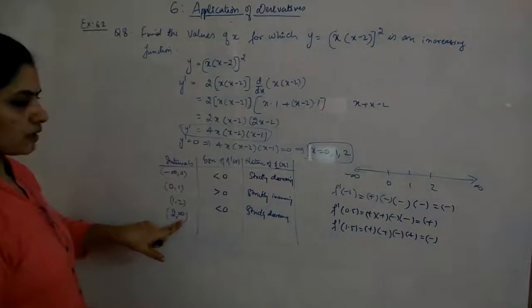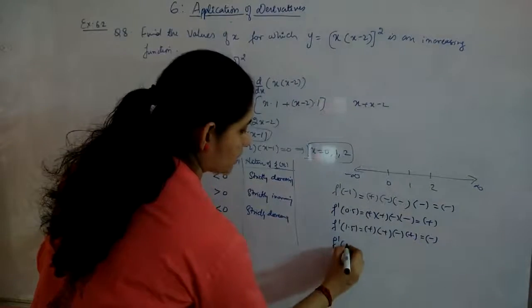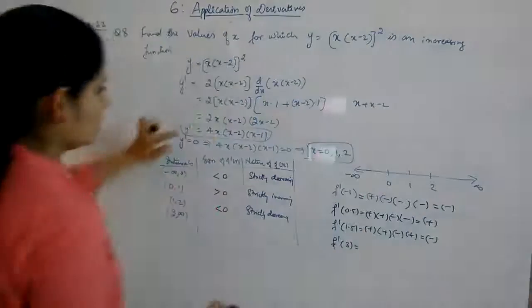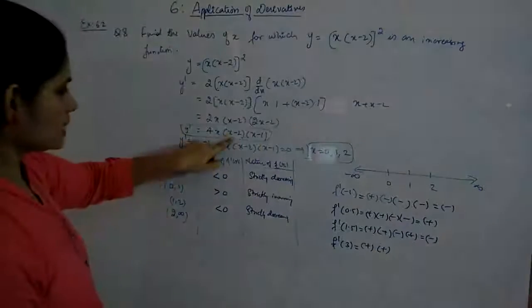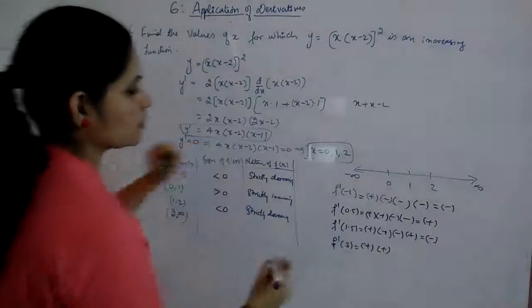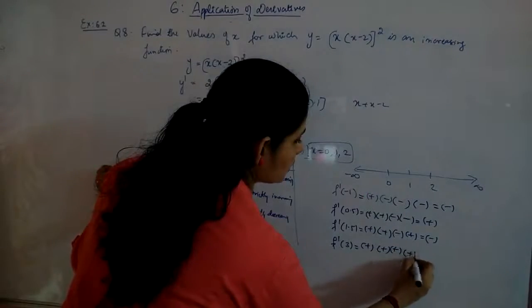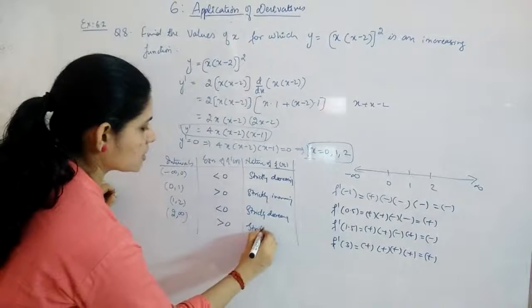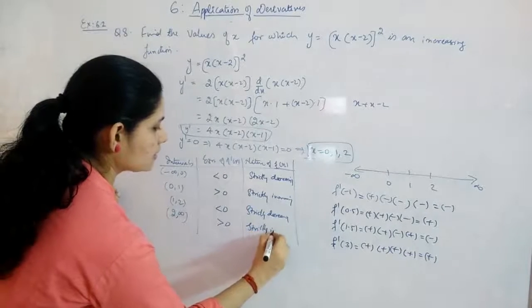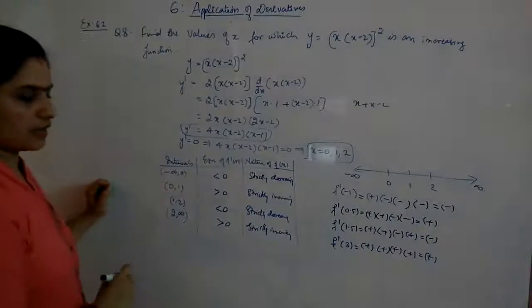And for 2 to infinity, when you take f dash of, suppose, 3: positive, positive, 3 minus 2 positive, 3 minus 1 positive. So all are positive, that means in total greater than 0. The function is strictly increasing in this interval.